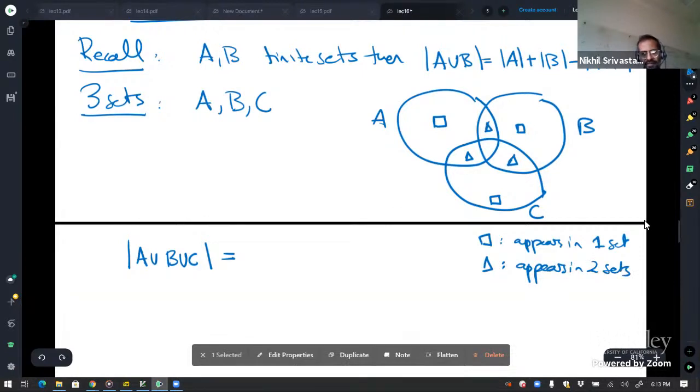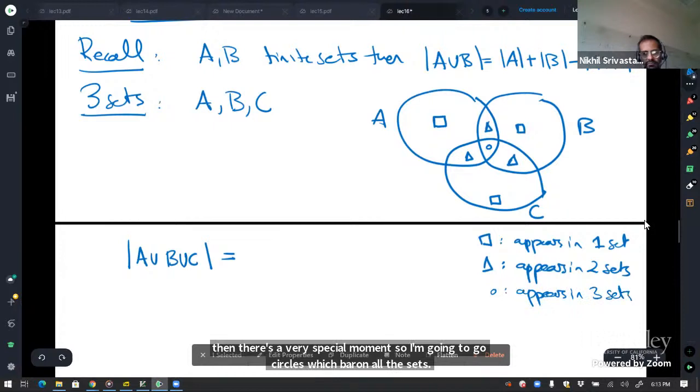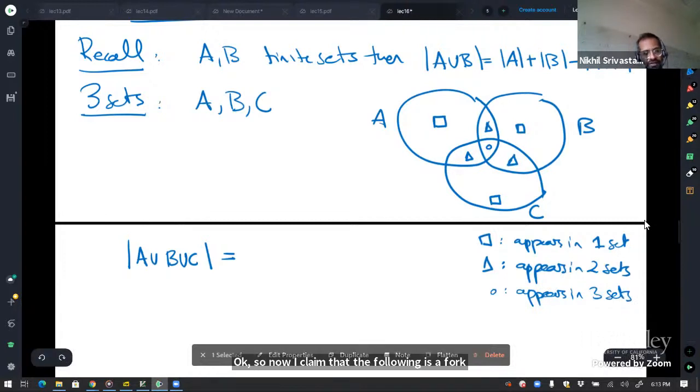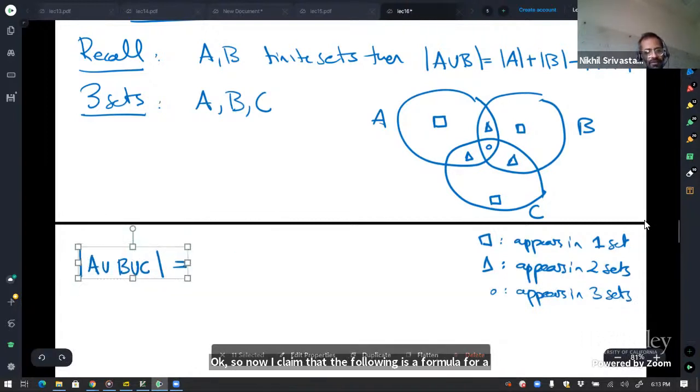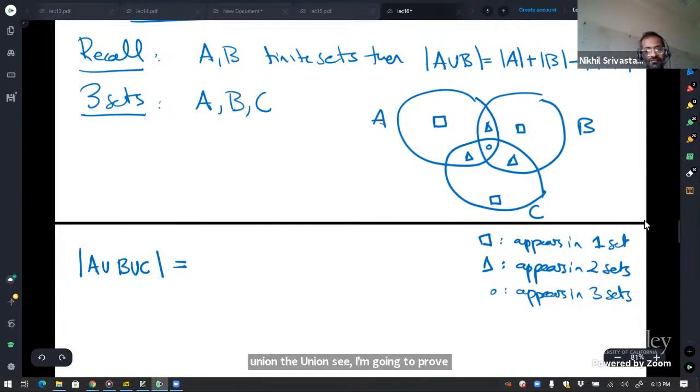And then there's some very special elements, which I'm going to call circles, which appear in all the sets. Okay. So now I claim that the following is a formula for A union B union C.